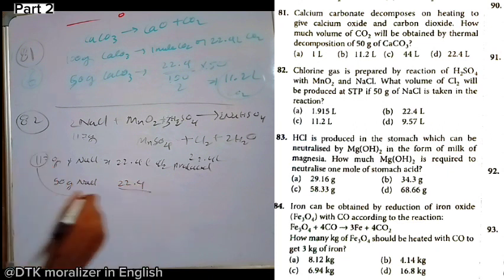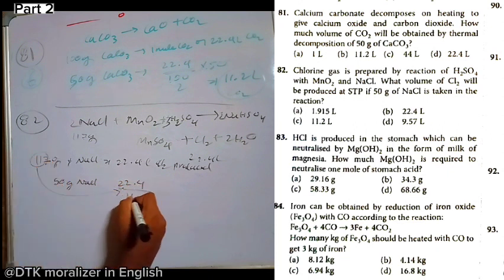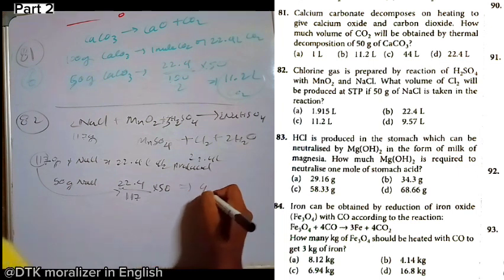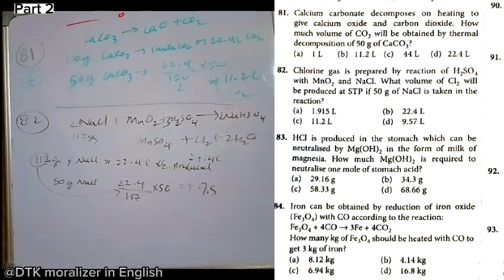For 50 grams of NaCl, it gives 22.4 liter divided by 117 into 50, which is equal to 9.5. Now Cl2 produced is 9.5 liter. So here option D is right.